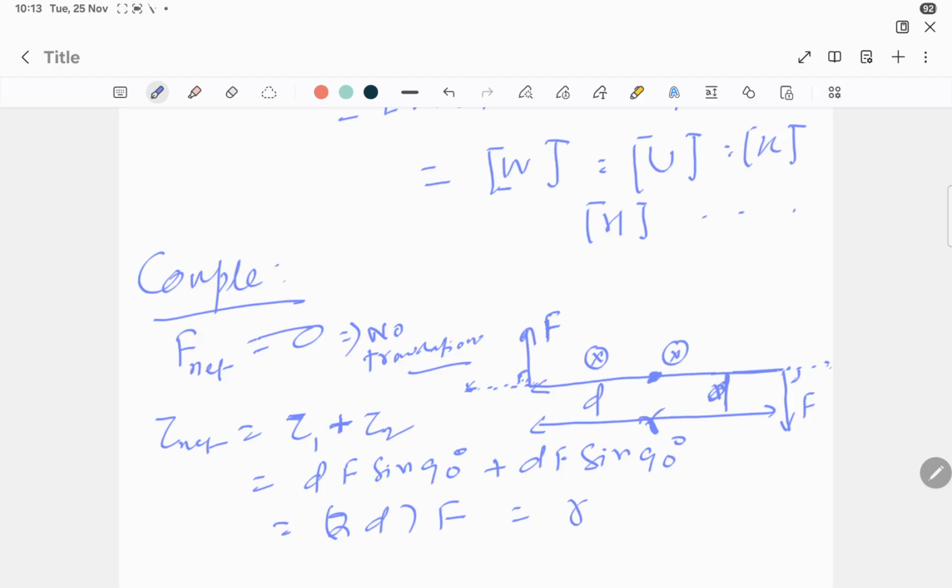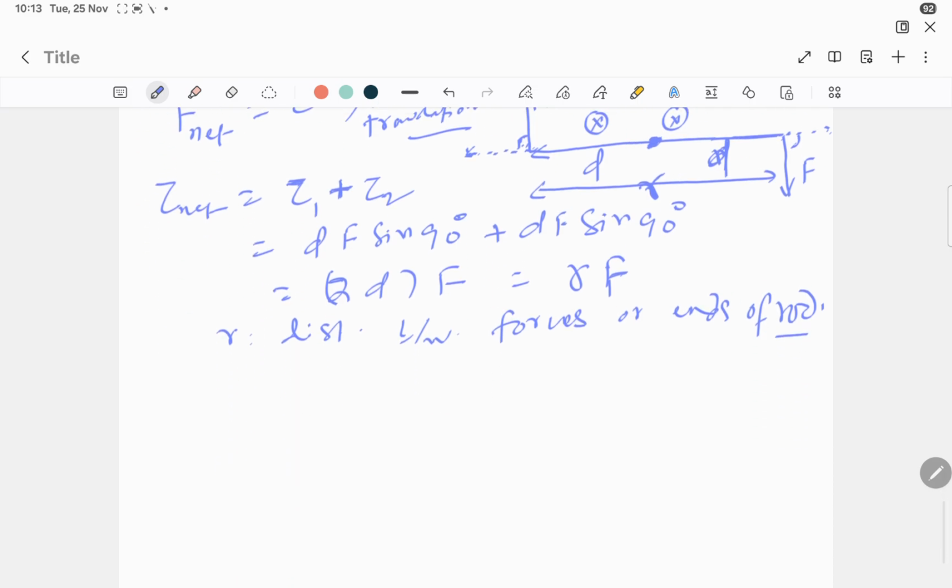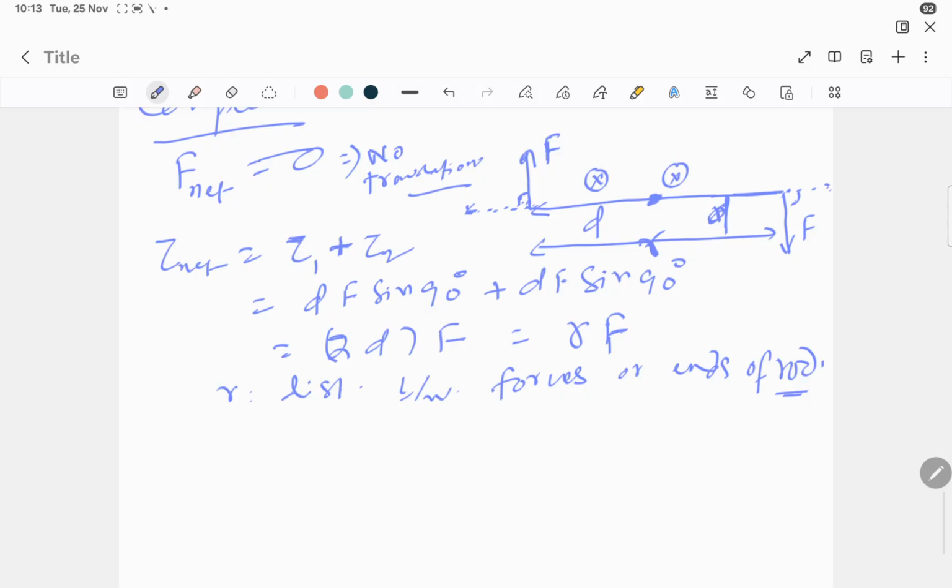See, that is r into f, where r is the distance between forces or ends of the rod. So in this way we define what is called a couple.